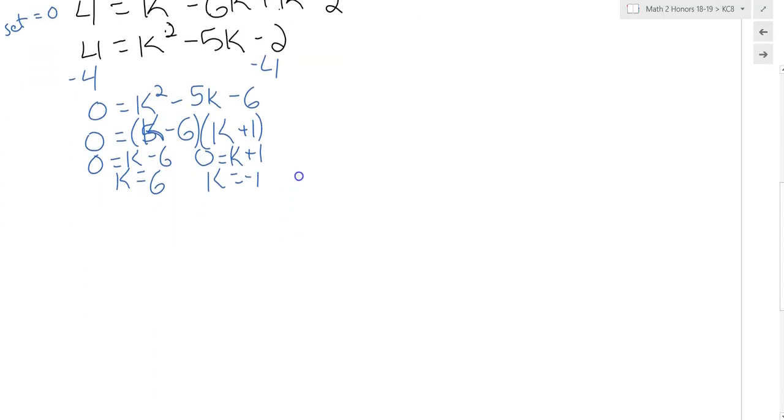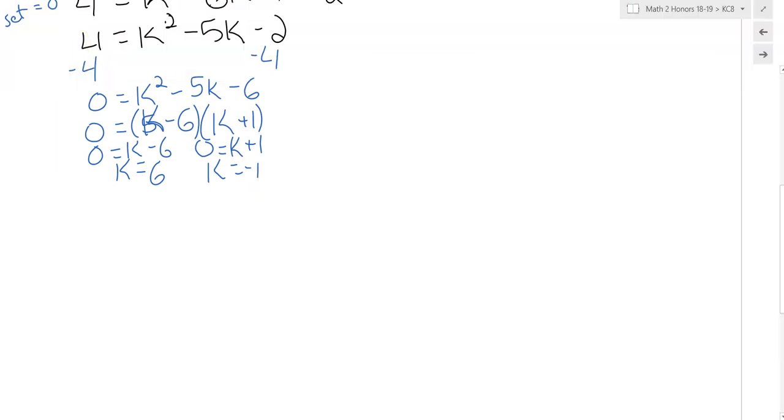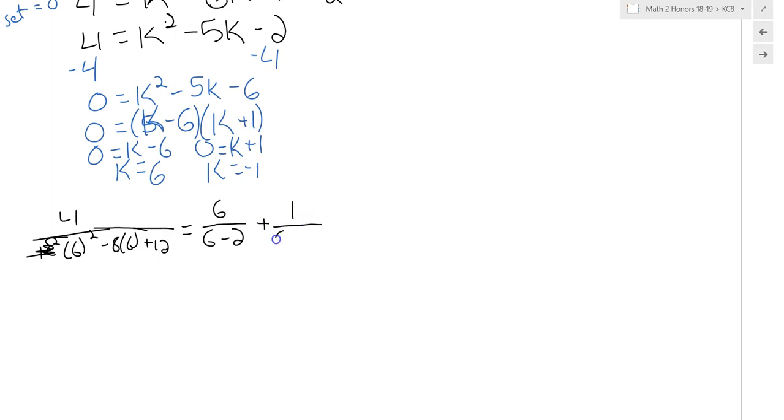Alright, last thing we have to do is check our answers. I'm just going to scroll it up. So our first one is going to be 4 over 6 squared minus 8 times 6 plus 12 should equal 6 over 6 minus 2 plus 1 over 6 minus 6.